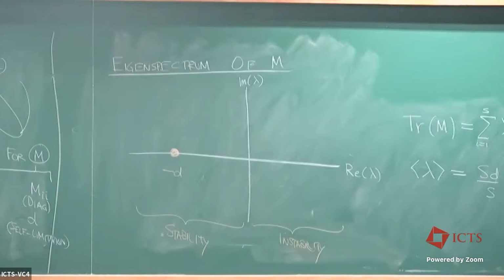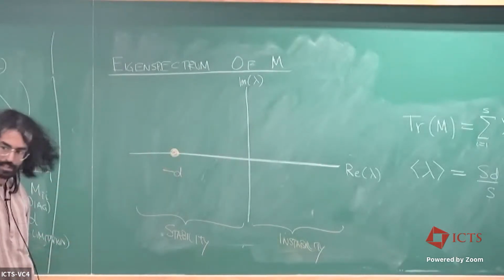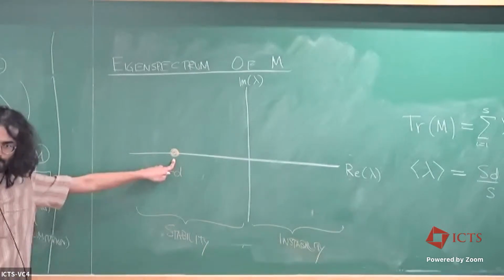Do people agree? I'm just trying to tell you, just think about all of the entries being 0. When you have self-limitation, all of the species stably inhibit each other, right? So in that case, all the eigenvalues should be negative and all should be minus D. So that's sort of where we are. We should be stable, right? And in fact, if C was 0, that's where all of the eigenvalues would be, right?